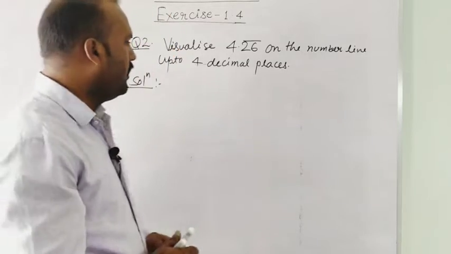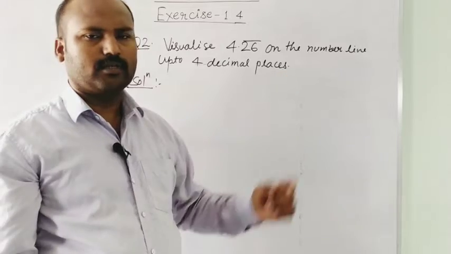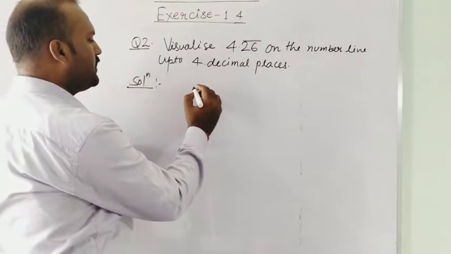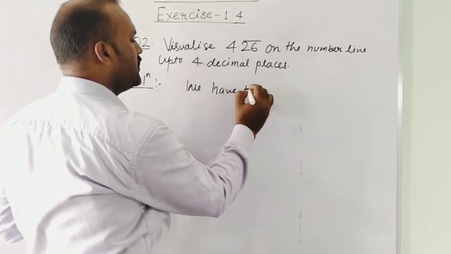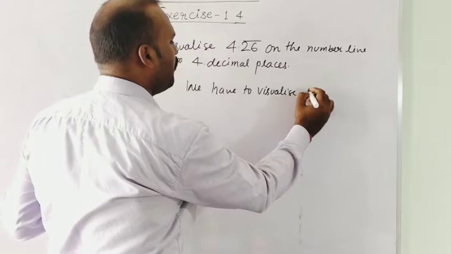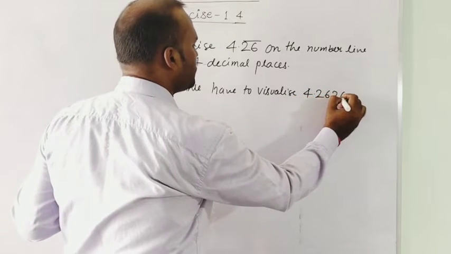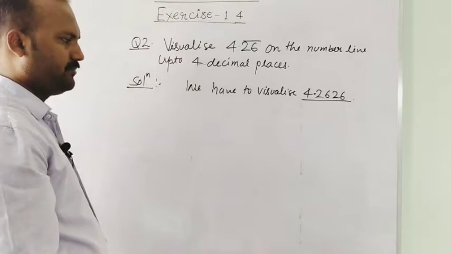But we have to represent up to 4 decimal places only. It means we have to visualize 4.2626 on the number line.